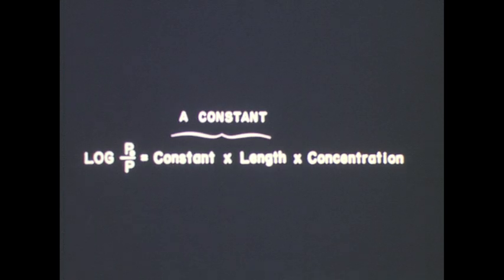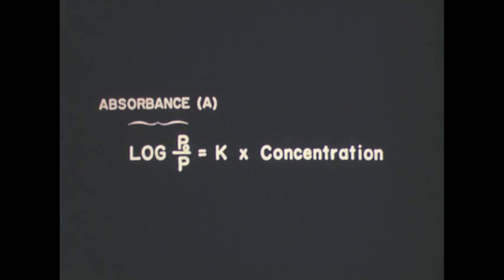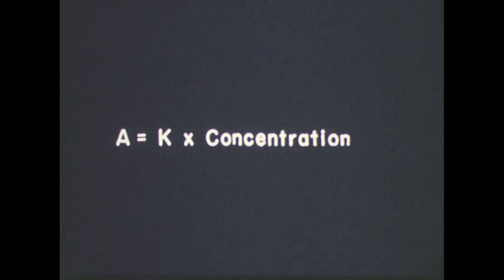This constant and the cell length can be combined into a single constant. Thus, log P0 over P equals a constant times the concentration. Log P0 over P is given the symbol A and called the absorbance. Hence, at a constant wavelength, the absorbance equals a constant times the concentration.